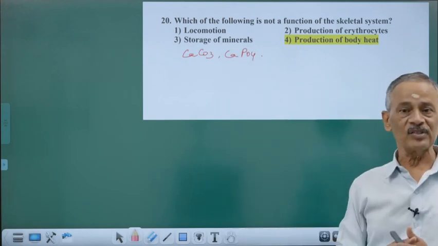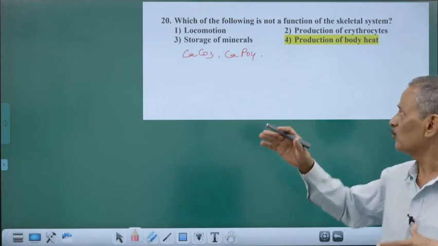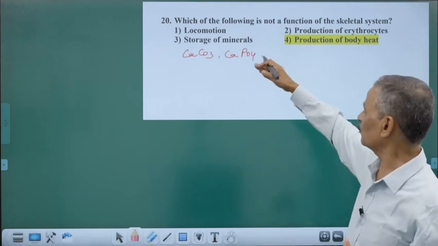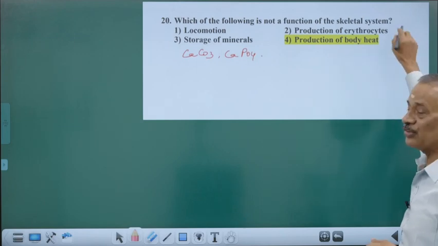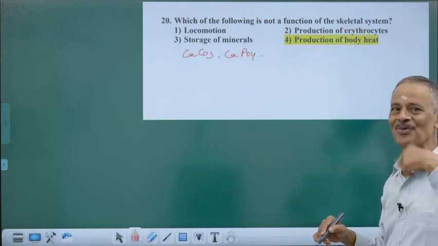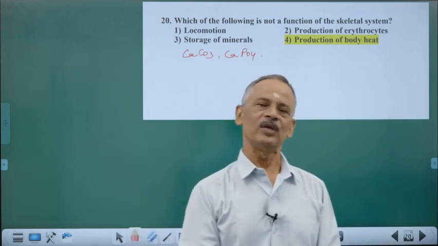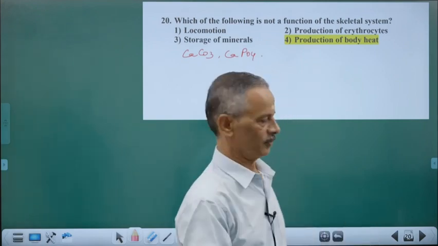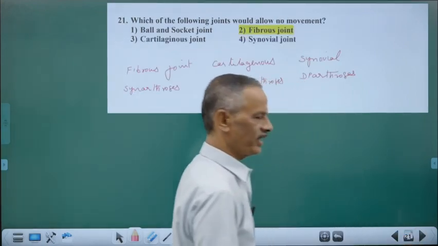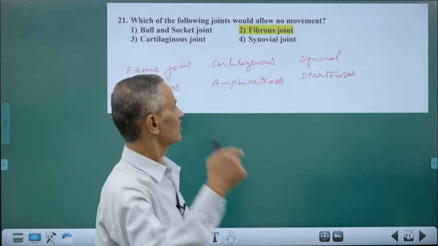Storage of minerals: they act as a storehouse of calcium, phosphates, etc. And production of body heat is not at all a function of our skeletal system. Muscles, liver, etc., are mainly responsible for the production of heat in our body. Muscle contraction utilizes energy, and some amount of energy comes out in the form of heat.